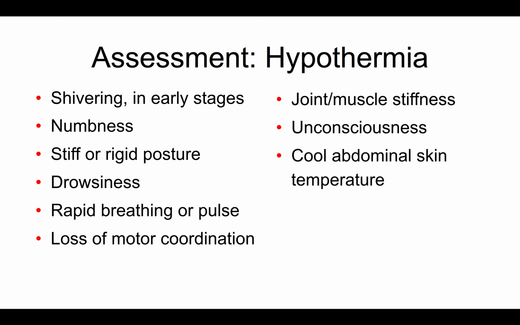They may have a stiff or rigid posture, maybe drowsy, rapid breathing, rapid pulse, ataxia, that loss of motor coordination, seen a few times. Possible joint and muscle stiffness. In later stages, they'll be completely unconscious, and their core and skin temperatures will feel cool or cold.